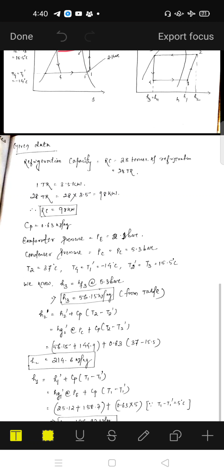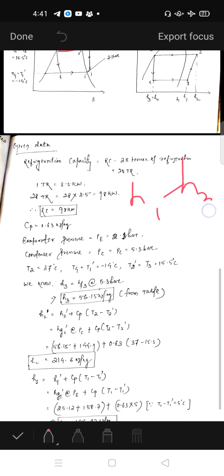Now, after getting this, you can find the theoretical COP. Theoretical COP will be, just put the formula, H1 minus H3 divided by H2 minus H1.